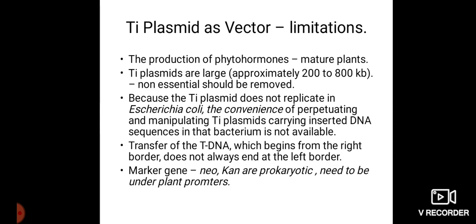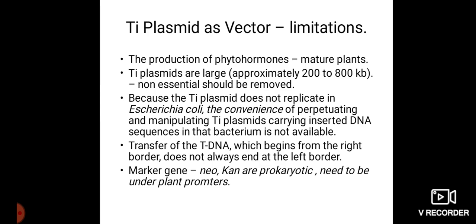In order to put a gene into the plasmid, we need to remove the non-essential portions. And because the TA plasmid does not replicate within E. coli, the convenience of perpetuating or manipulating it becomes limited, because for everything we have to depend on agrobacterium only, whereas growing agrobacterium is not going to be easier compared to E. coli.